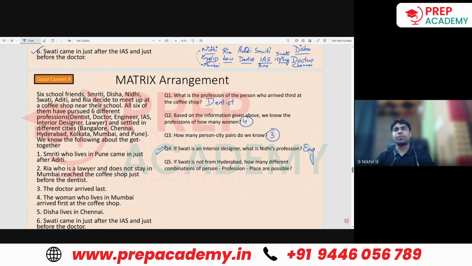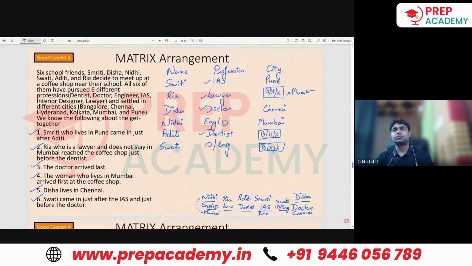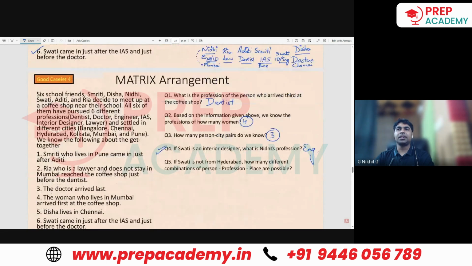If Swati is not from Hyderabad, Swati being from Hyderabad is not a possibility. That means one of the others has to be from Hyderabad. So how many different possibilities are there?